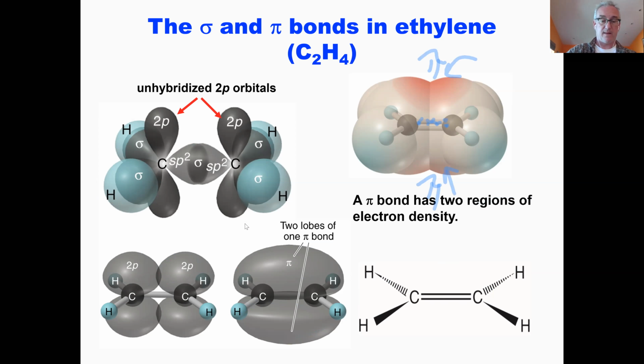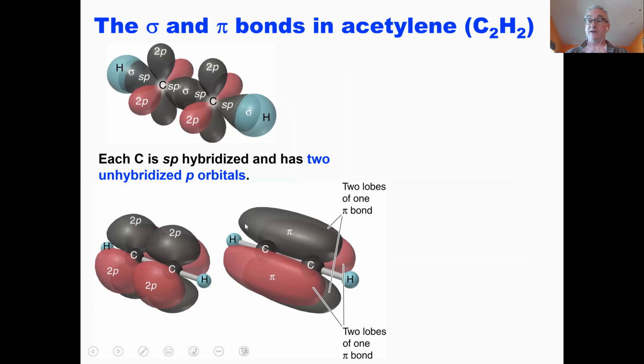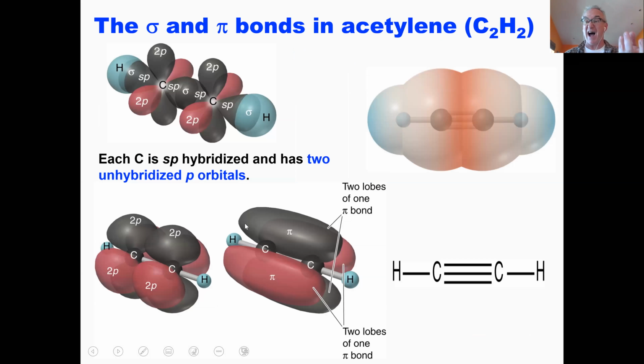Now, what if we have two pi bonds? What if we have a triple bond? Where are those electrons going to be? Seems like we don't have any room for them. Well, here's acetylene or ethyne. Ethyne.